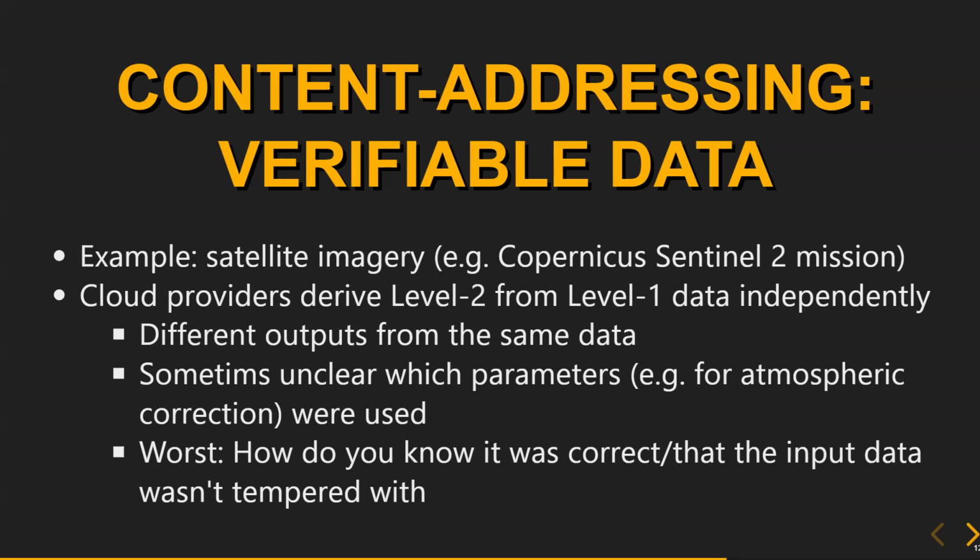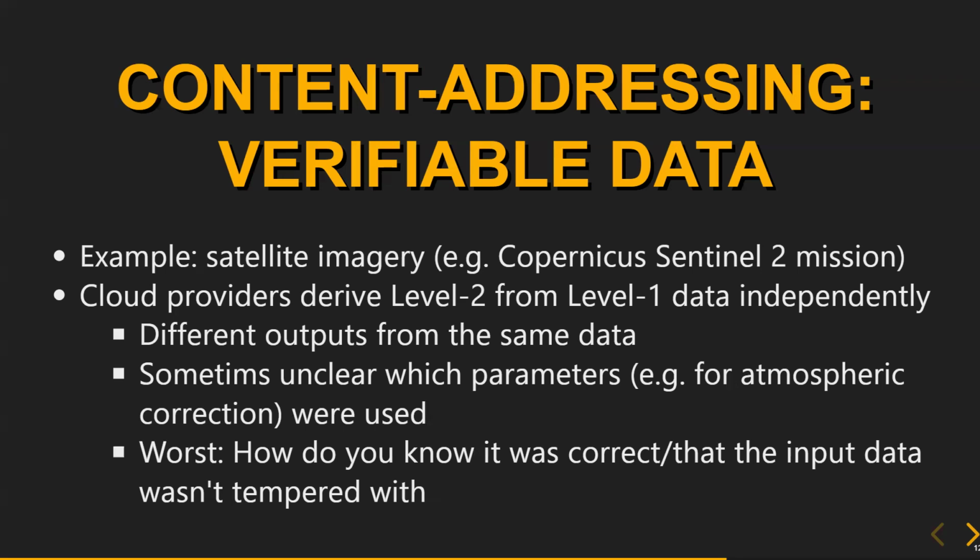And what is interesting is that the cloud providers, like AWS or Google or Azure, have those level 2 data sets from satellite imagery that you can then do your analysis on. But from some, I know for sure, and from some I guess, they used the level 1 data and did their own processing pipeline.